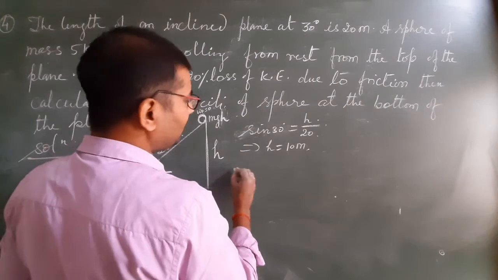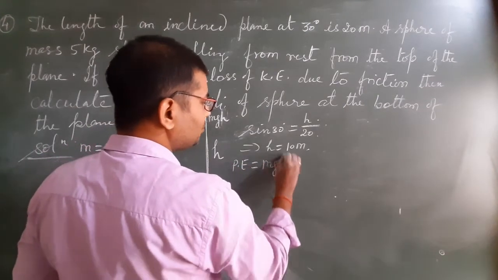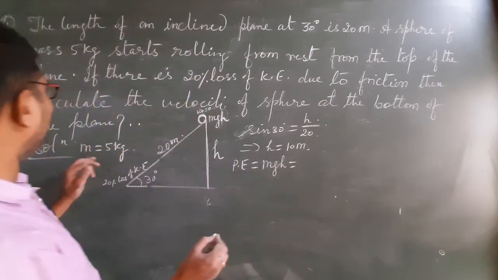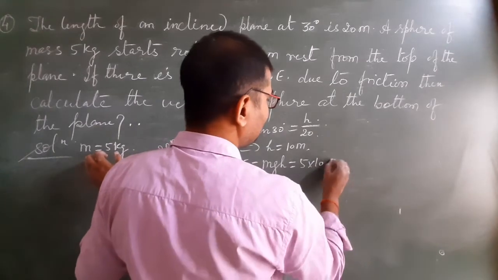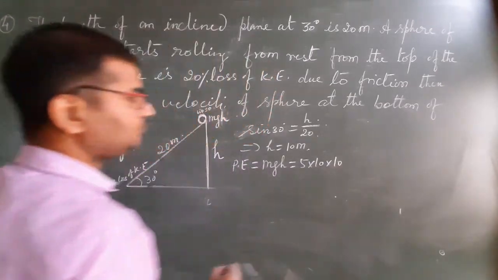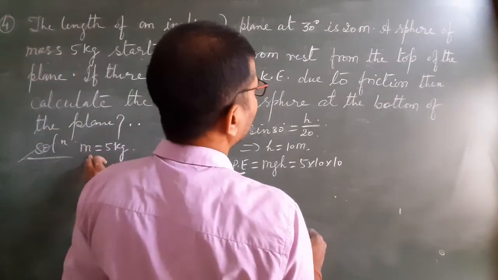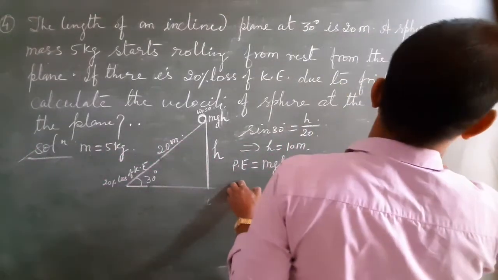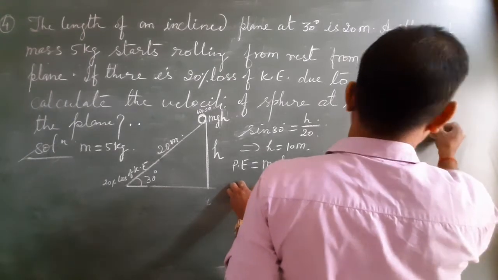Potential energy of the body at this position is equal to mgh. M is 5, h is 10, and the value of g is given, g is equal to 9.8 meter per second square.